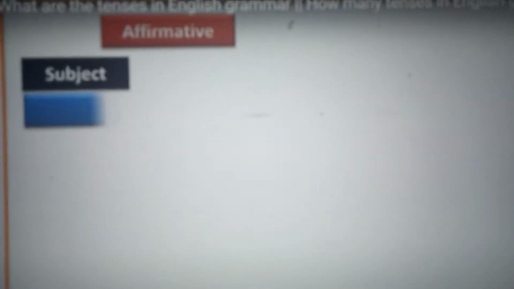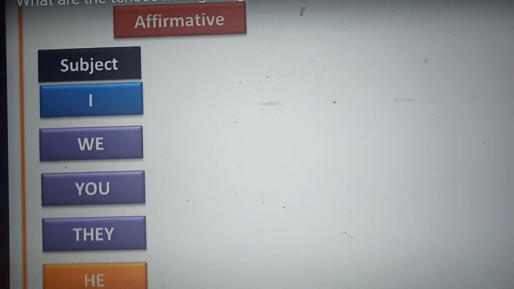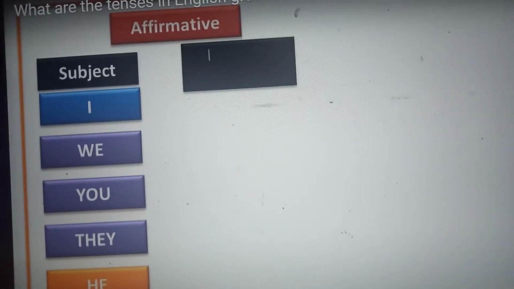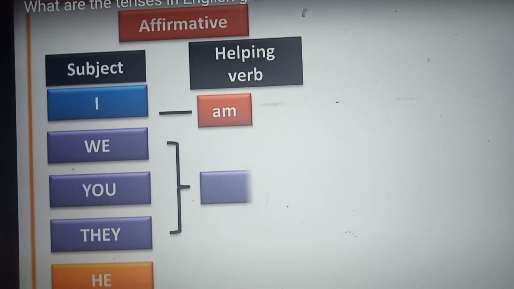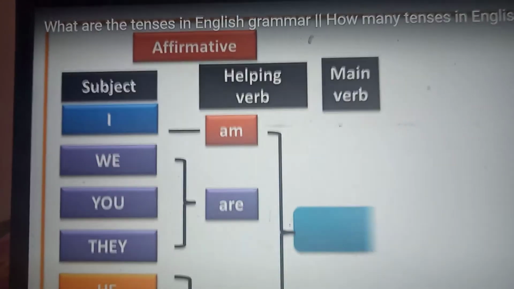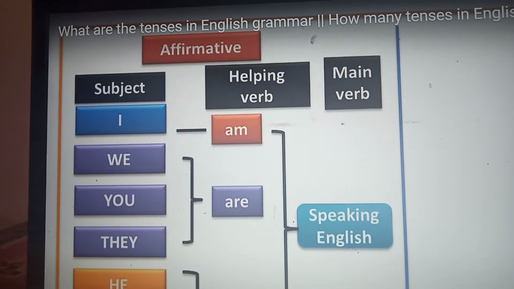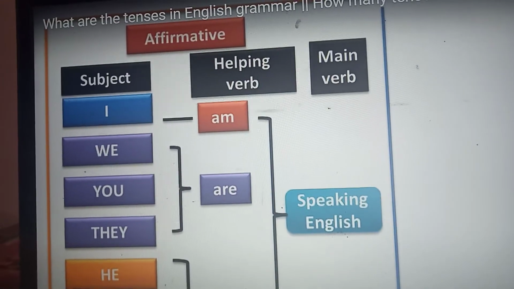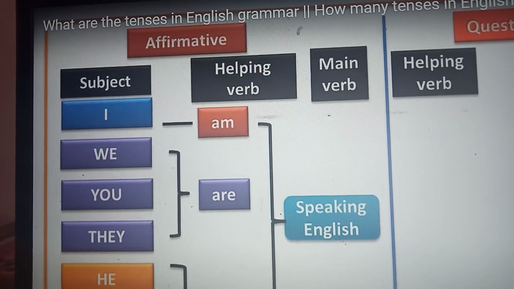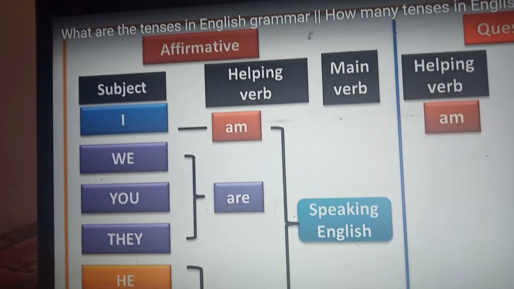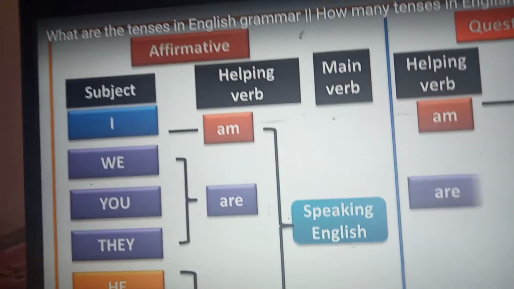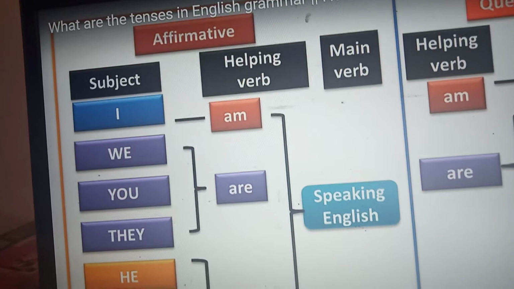Next is the same sentence. How are we going to change the form of the sentence? See here. I am speaking English. Next, you are speaking English. This is the form of the verb. Questions: as I told you, a question means the helping verb will come first, then the subject.